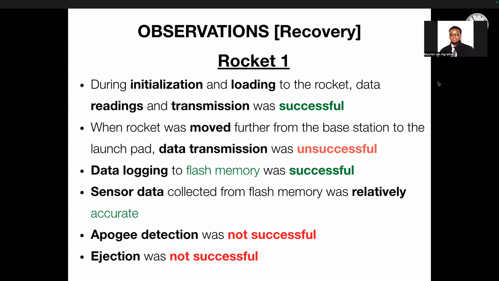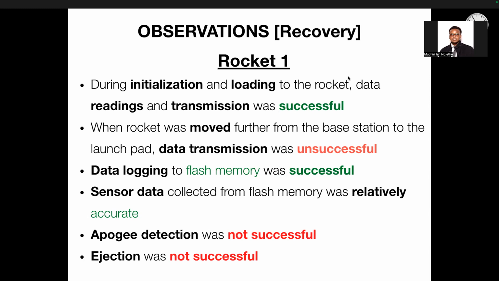But when the first rocket was moved to the base station and put on the launch pad, after a while, data transmission to the base station was unsuccessful. I think the reason would be the antenna, the way it was placed. For the second rocket, when we removed the antenna from the mounting rod, we were able to continuously get data from the rocket.